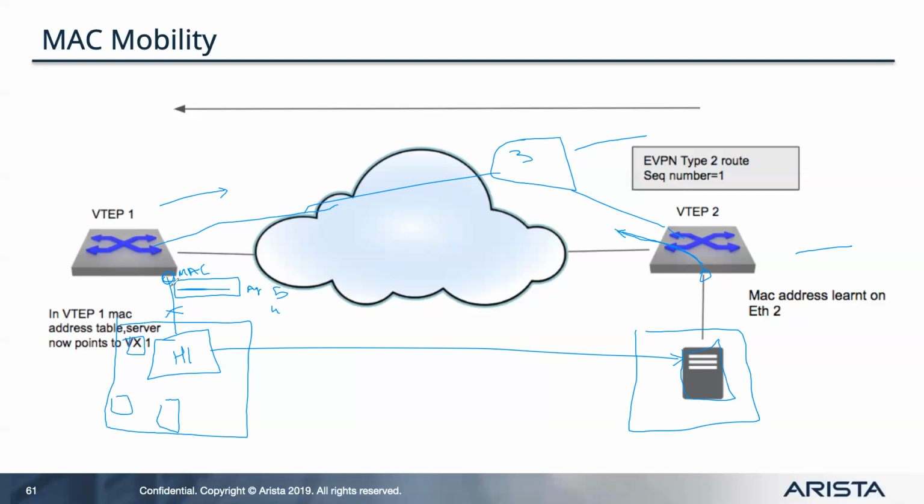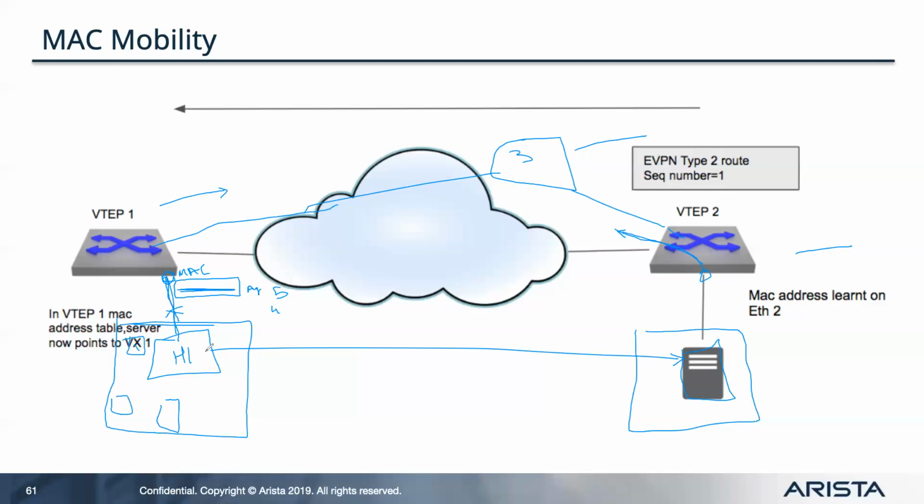Do you think this link will go down in that case? You are moving just one VM, and there are many VMs on the host. So this link will not go down, and this MAC will not flush out because of H1 moving. The link is up, so because of link down, this MAC will not flush.